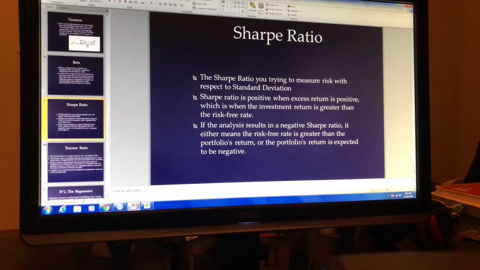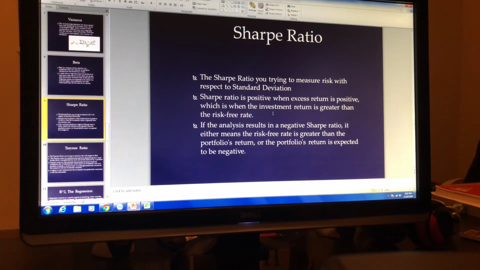The Sharpe ratio is trying to measure the risk with respect to the standard deviation. The Sharpe ratio is positive when excess return is positive, which is when the investment return is greater than the risk-free rate.